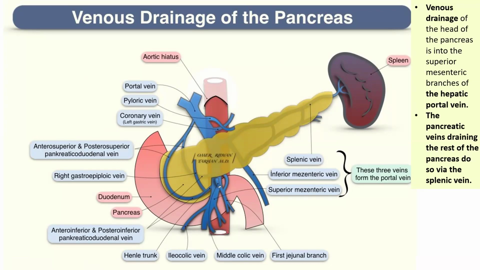The pancreatic veins drain the rest of the pancreas, via the splenic vein also. These are part of the portal system: splenic vein, inferior mesenteric vein, superior mesenteric vein. They drain with the branches of the hepatic portal vein.